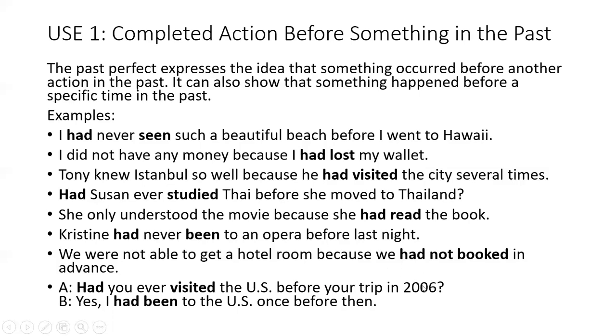So 2006 is a point in the past with something happening before it, which is the visiting. And the answer is yes, I had been to the US once before then. Before then refers to 2000. So yes, I had been before 2006.